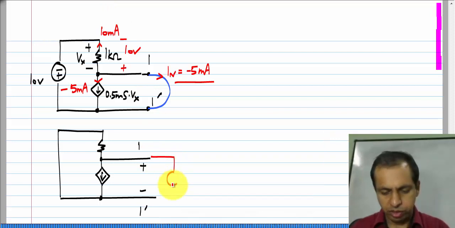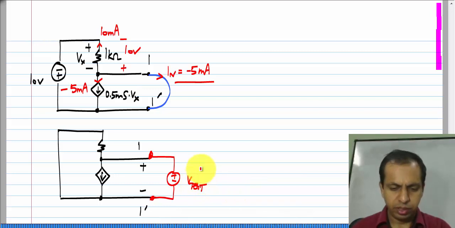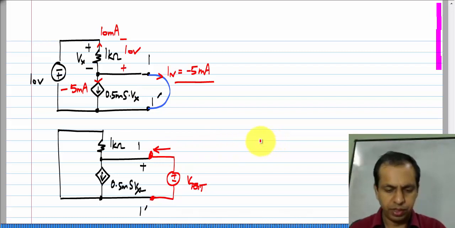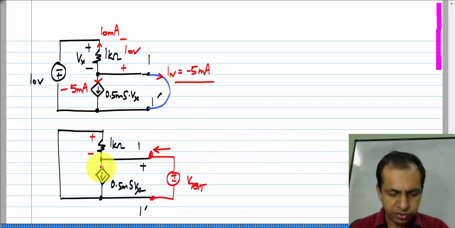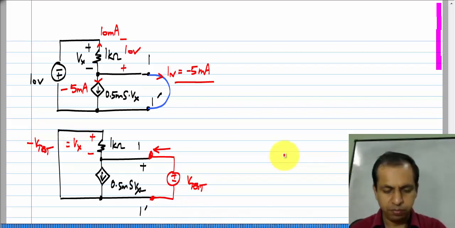As usual, we apply a test voltage and find the current flowing that way. So, now this is V x, right, and V x simply equals minus V test.